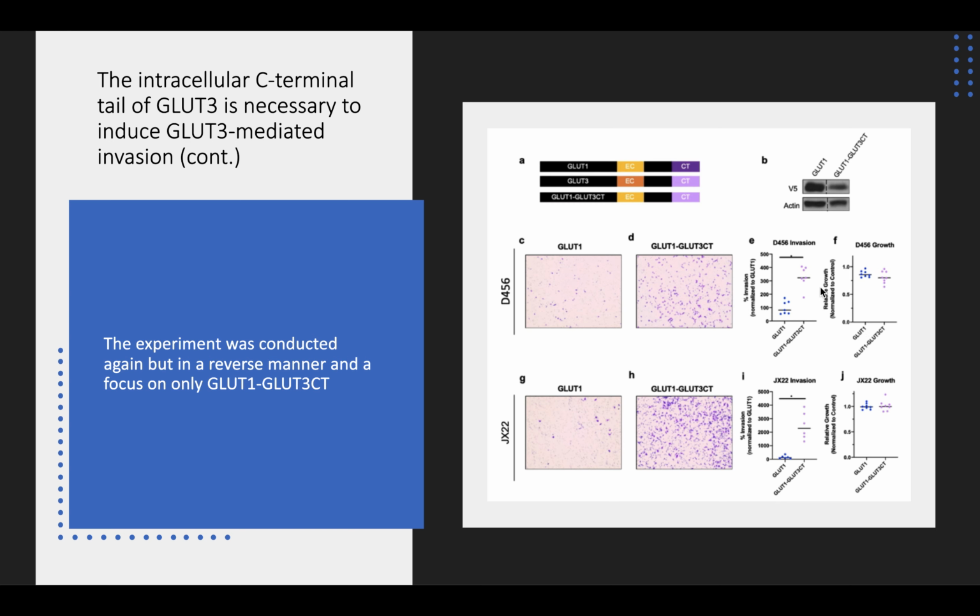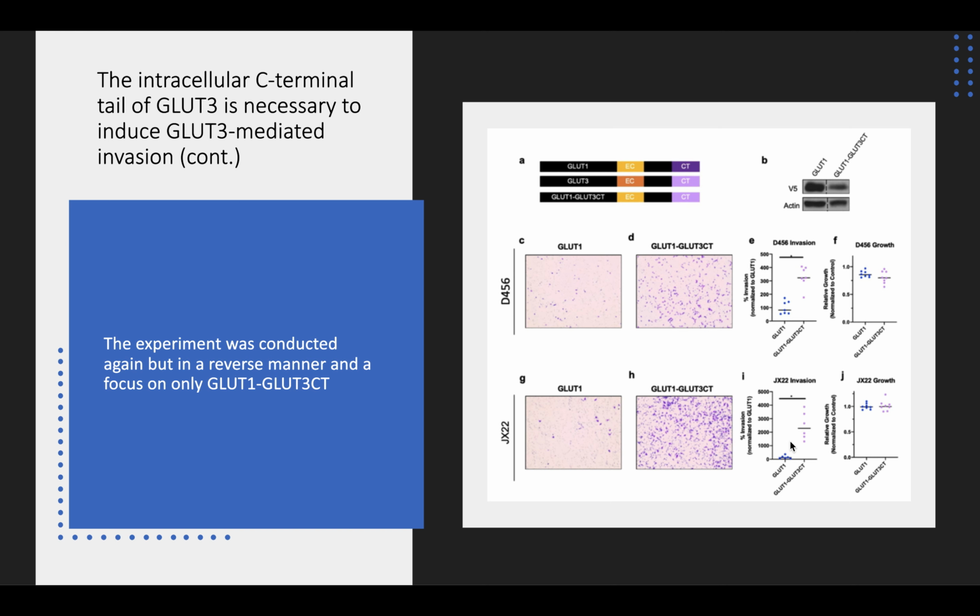Now we see that in 4E, GLUT1 GLUT3 CT had an increase in cell invasion. However, in D456 growth, there was no real significance. Same thing was shown as it relates to JX22 invasion and JX22 growth.